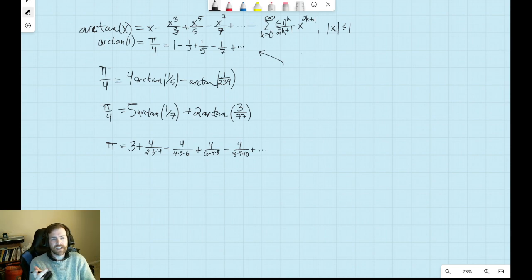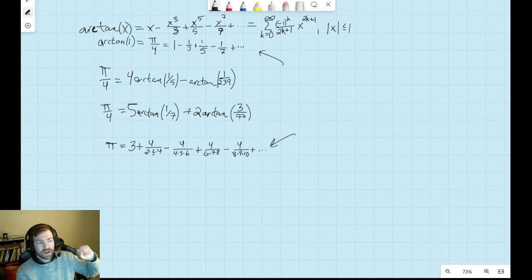We already said it's going to take at least 50 terms to get to 2 decimal places of accuracy. Meanwhile, this one down here, after 5 terms, is now 3.1396, and only gets more accurate after that.